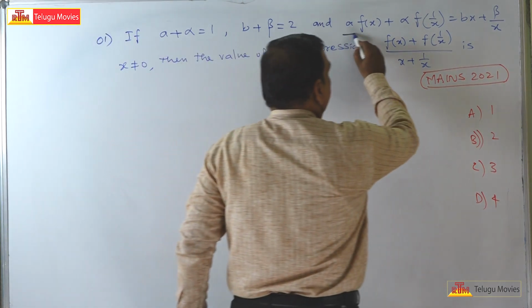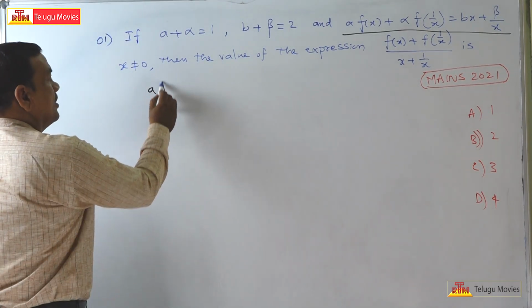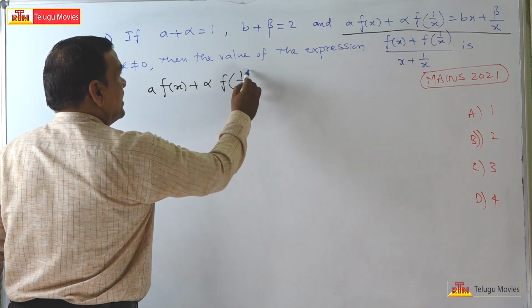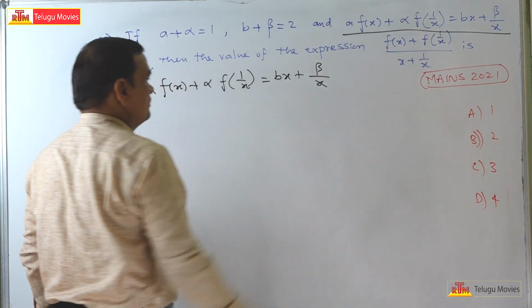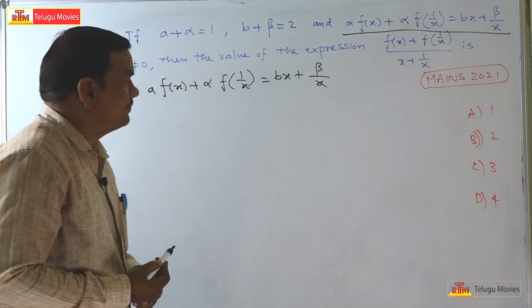First of all, the given expression is this: a times f of x plus alpha times f of 1 by x is equal to bx plus beta by x. So this is one functional equation.